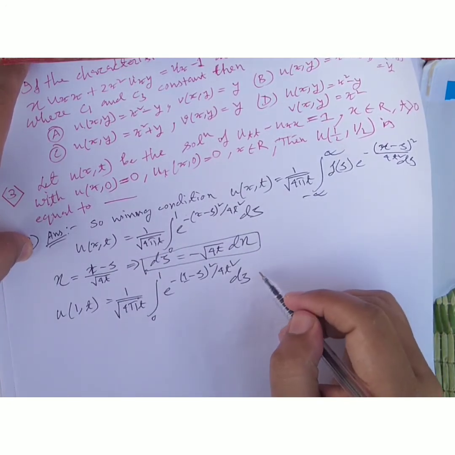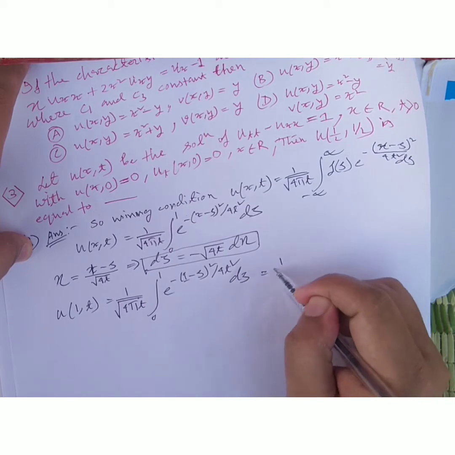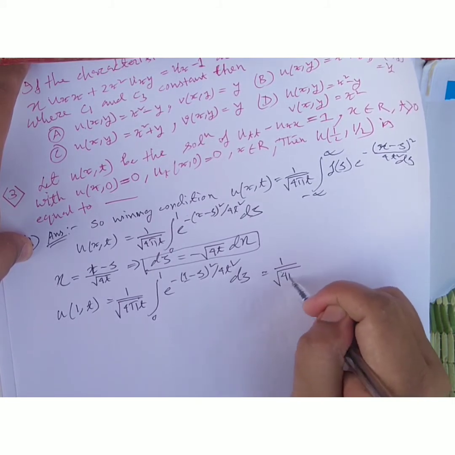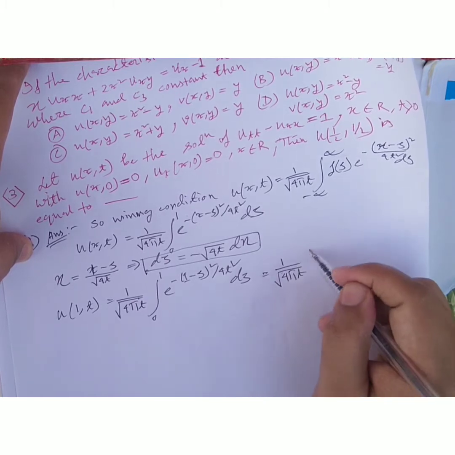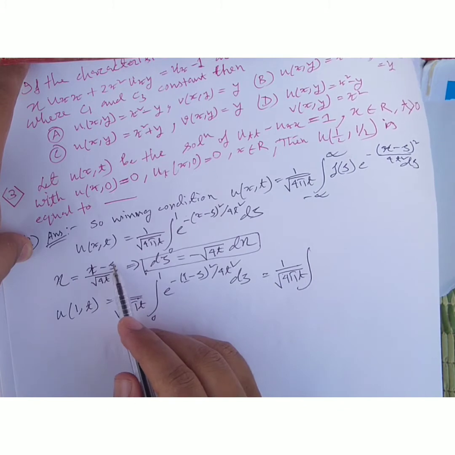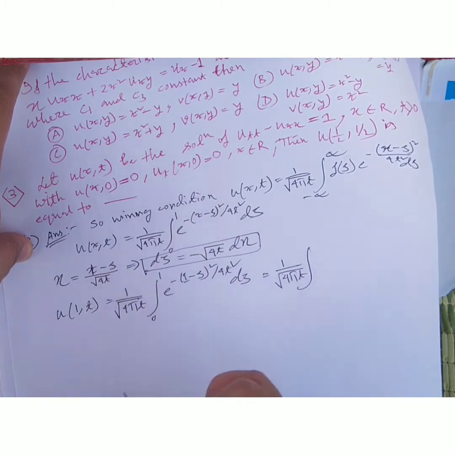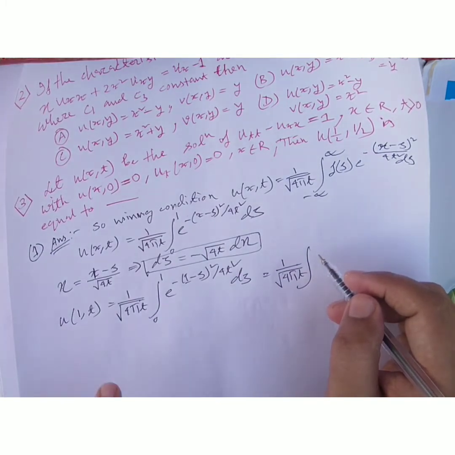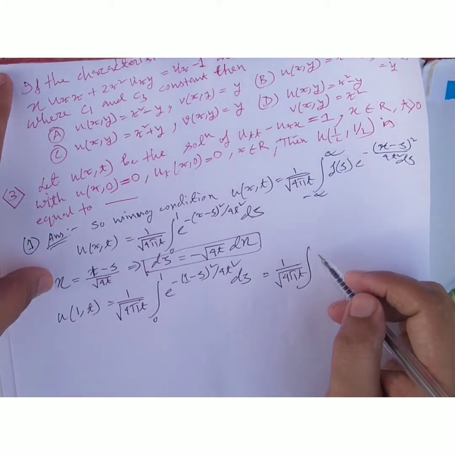So friends, I can write this as 1 by root over 4πt, and also changing the order, because eta is equal to this and j lies between 0 to 1. So friends, you have to change the limits. How can I change?